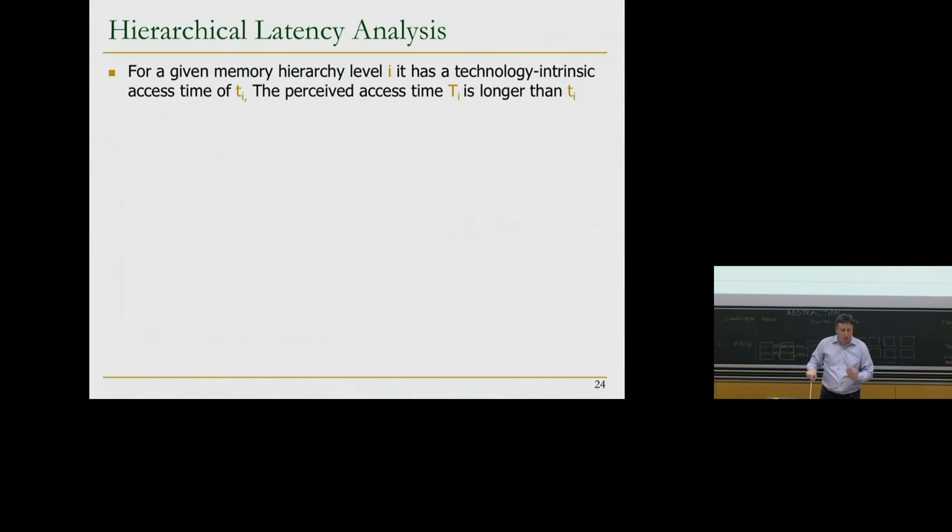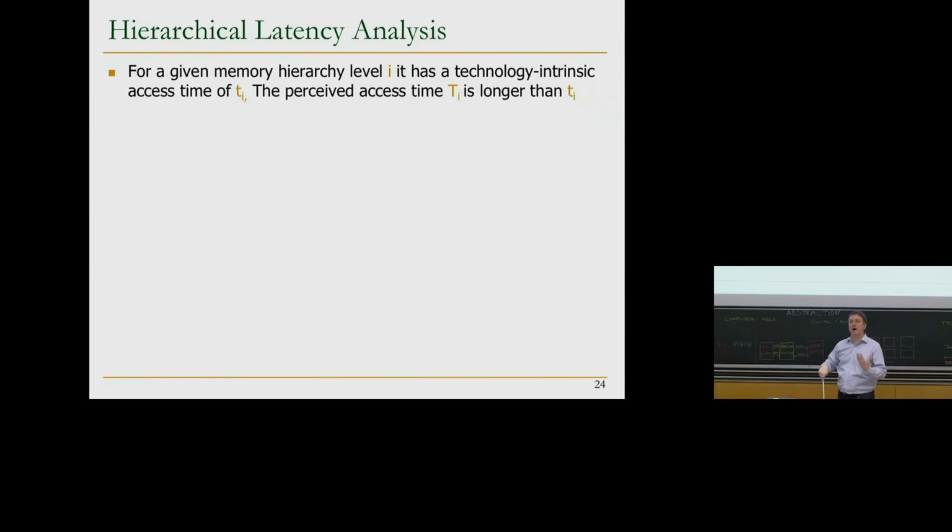It is now interesting to see how fast we can get. So this is the last part that I'm going to cover today. We have multiple hierarchies, and for each hierarchy, let's say level I, you have the intrinsic access time, how fast you are able to read from this memory. We call this TI. And then the perceived access time is capital TI.